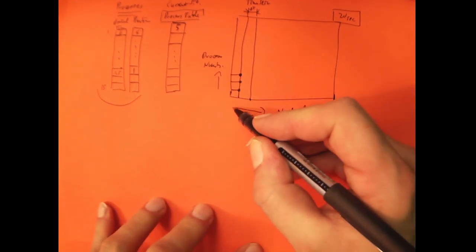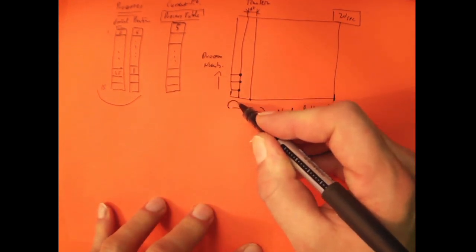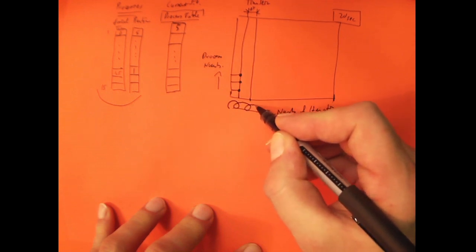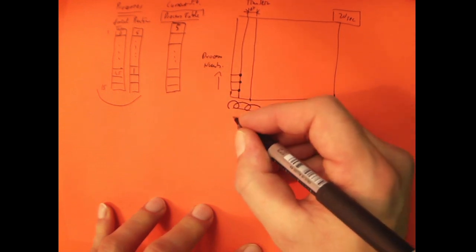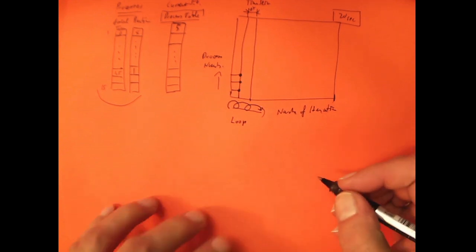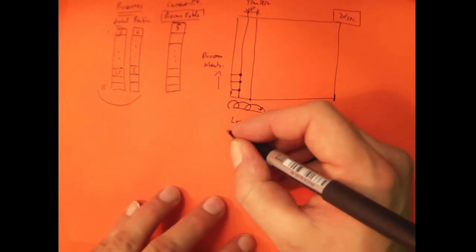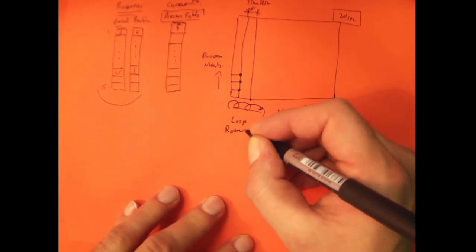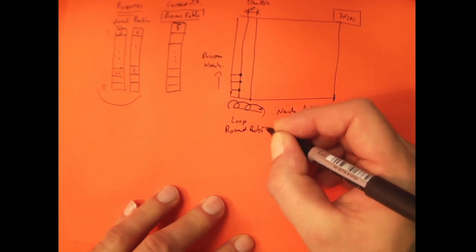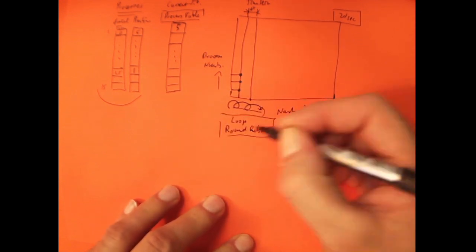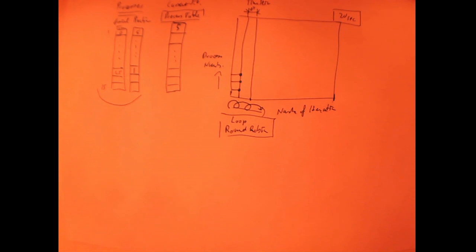So what we now need is something like a loop which iterates through this thing here. So this is our loop. This is our round robin mechanism, where we can do different selection mechanisms.